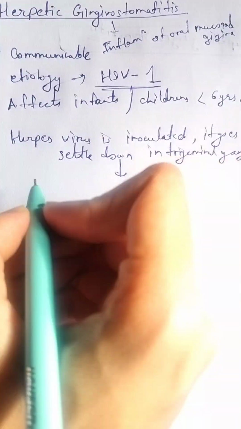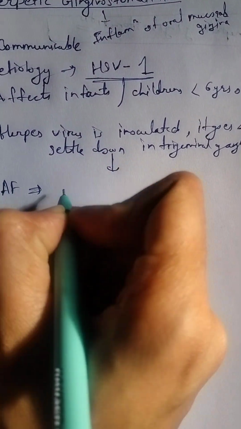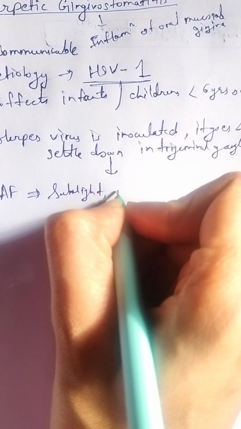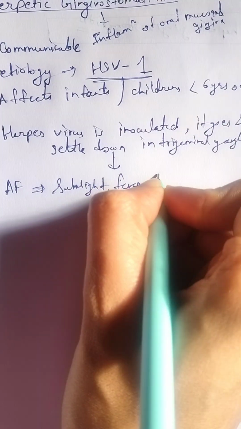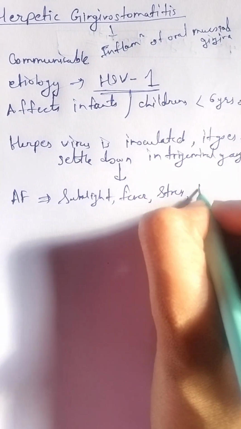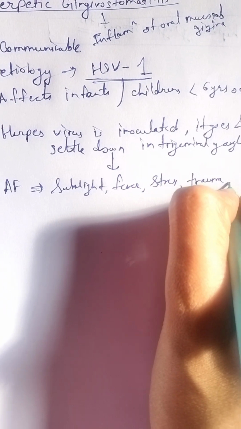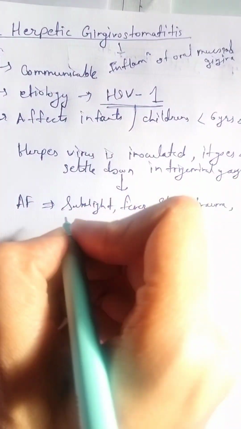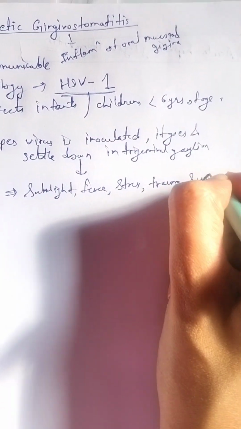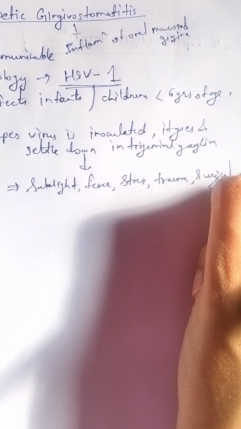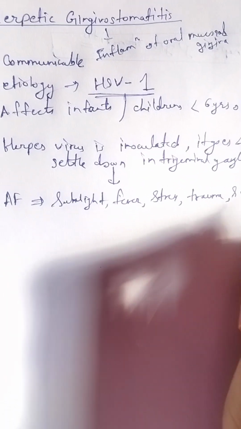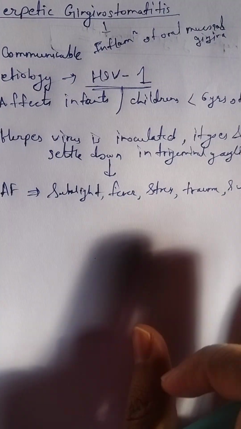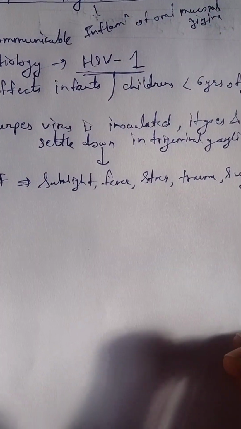Then the aggravating factors for this are sunlight, fever, stress, trauma, any surgical procedures, and systemic diseases. These are the aggravating factors for the AHGS, that is acute herpetic gingivostomatitis.